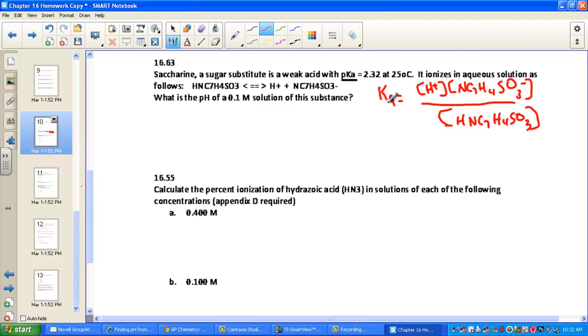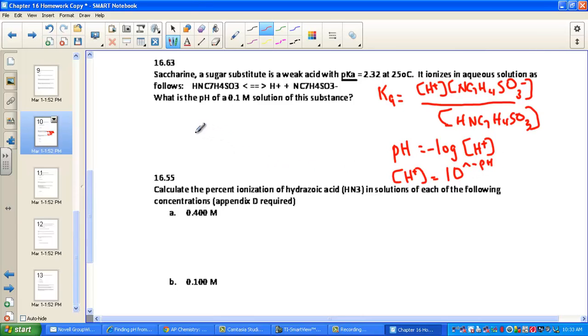How do we turn a pKa into a Ka value so we can ultimately solve for the pH? Just as if we had pH and wanted to turn that into hydrogen ion concentration. I'm reminding us of a formula we have practiced quite a bit lately: pH is negative log of hydrogen ion, so if I wanted the hydrogen ion, it was the anti-log, 10 raised to the negative pH power.